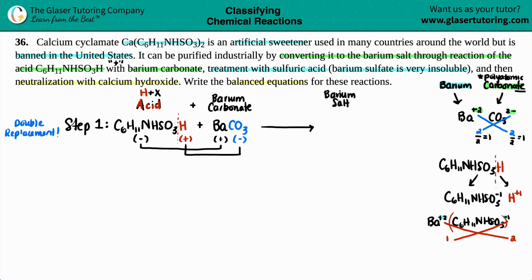So we have Ba, one of them, and now we have the C6H11NHSO3, parentheses, and I have 2 of them. Okay. But now I need to finish up that first step because I need to now combine the H with the CO3. So we did the hard work already.